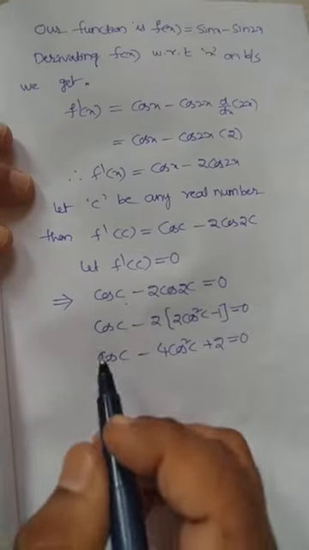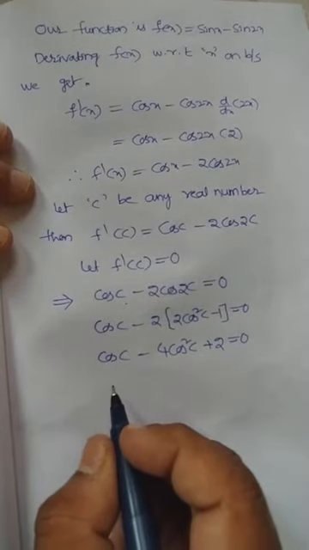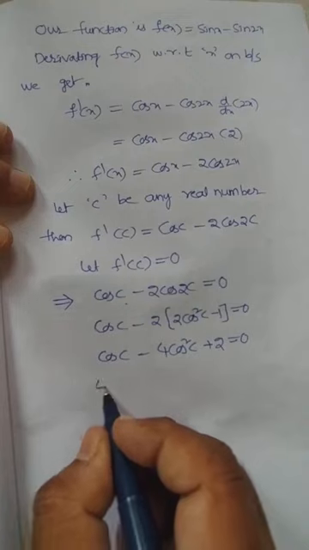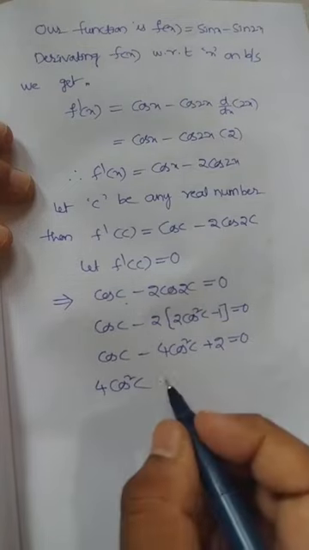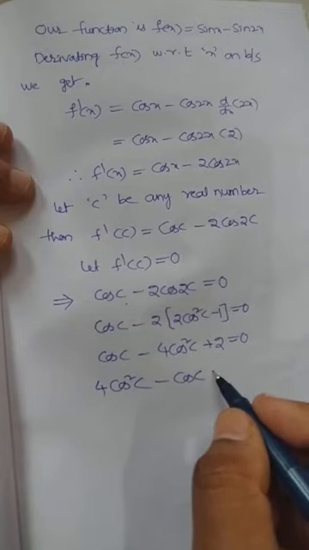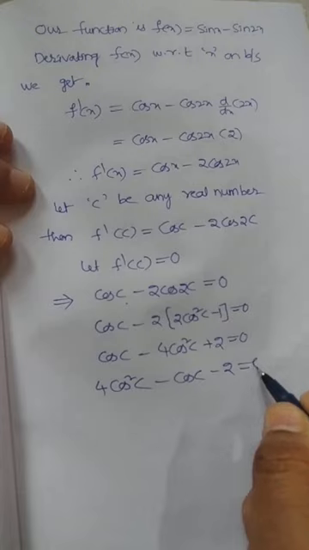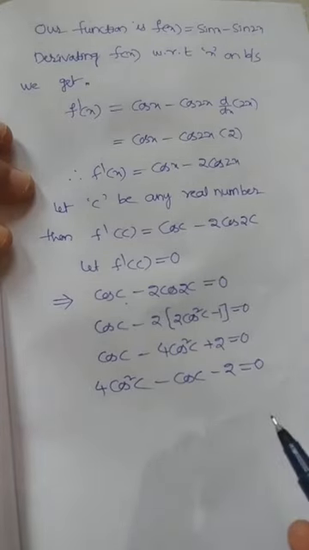So moving all these three terms to the right side, first cos square c gets plus 4 cos square c, cos c gets minus cos c, and 2 gets minus 2, equal to 0. Observe this equation, it is a quadratic equation in cos c.